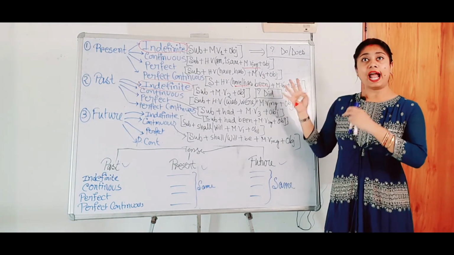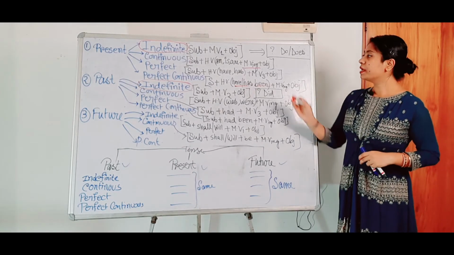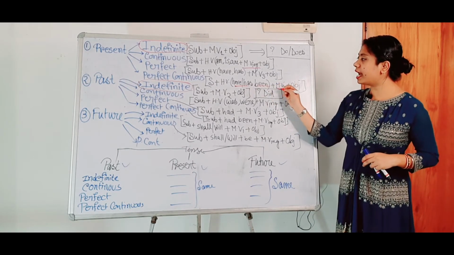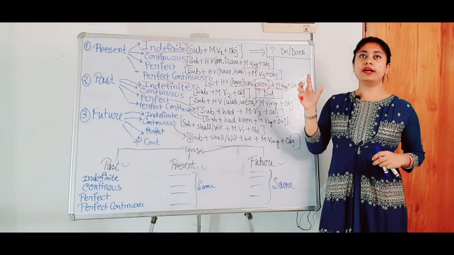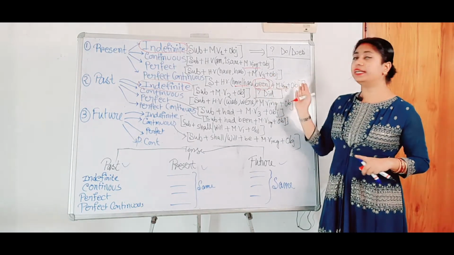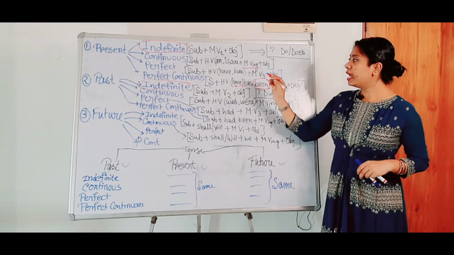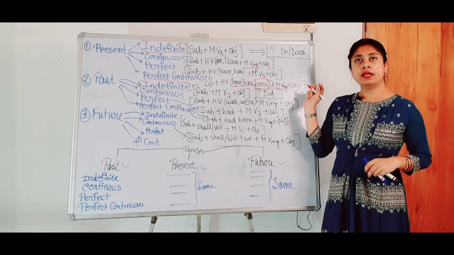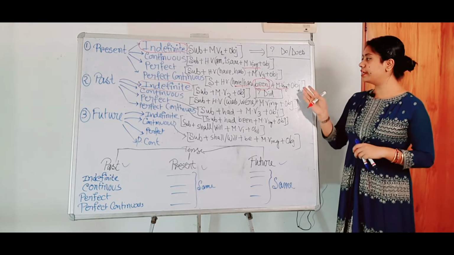So it acts like the perfect tense, isn't it? And after that, also see, be and main verb ing. Here be is the set word that is applicable for both of the tenses, the perfect and the continuous tense. So have, has, been, MVING. So this is perfect continuous tense, and object.